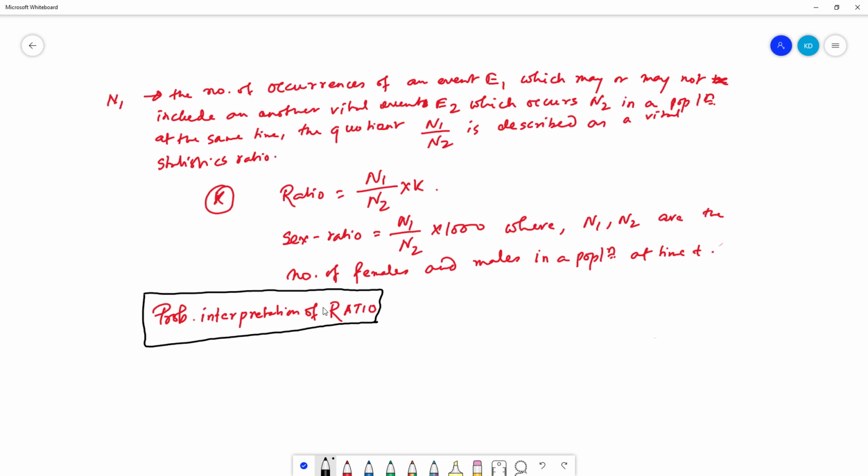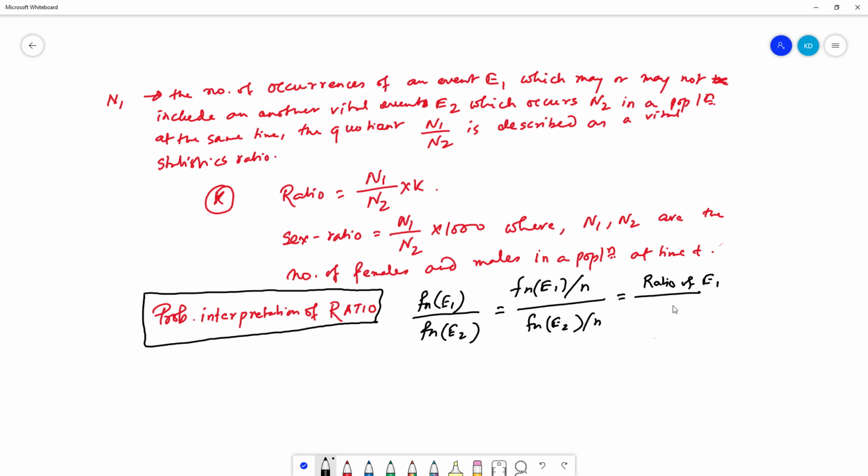Apart from the constant, the ratio can be written as Fn E1 by Fn E2, and we can write it as the ratio of E1 to the ratio of E2.